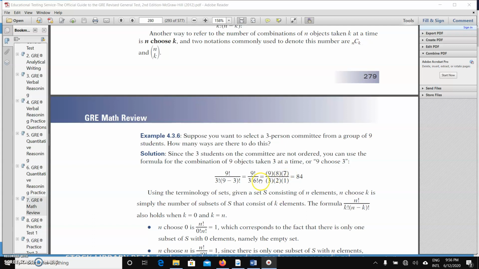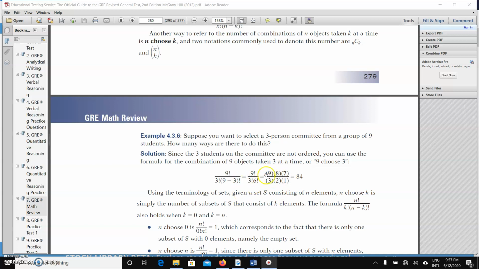Look at what they told you. 9 factorial was supposed to be 9 times 8 times 7 times 6 factorial, and they stop there. 6 factorial will cancel 6 factorial down here. So this 3 factorial will be 3 times 2 times 1.